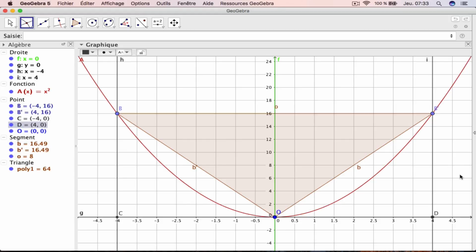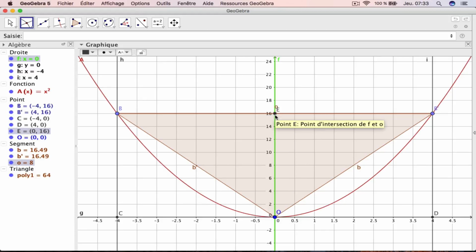That means the vertical height from O is a symmetrical axis of this triangle. We can easily compute this point. It's easy to know its coordinates, because that's 0 on the x-axis, and that's precisely x squared for the y-axis.